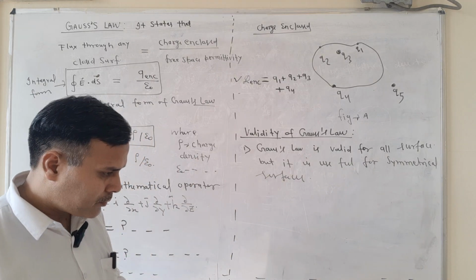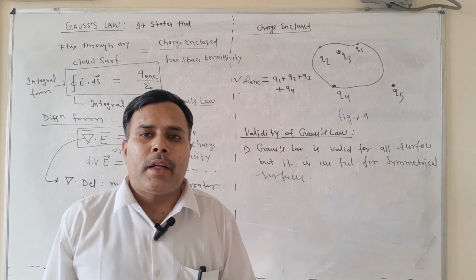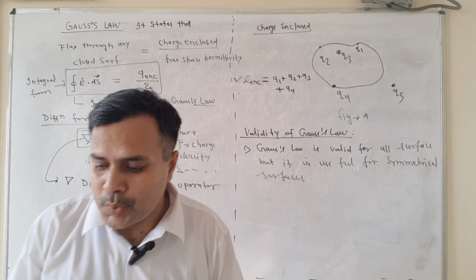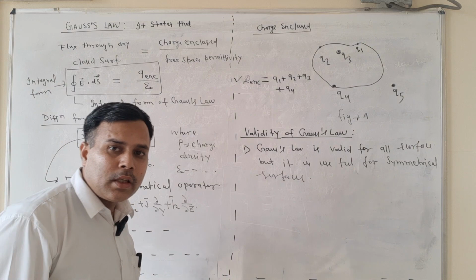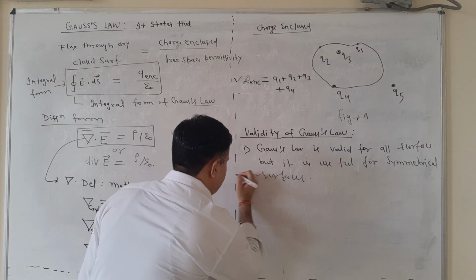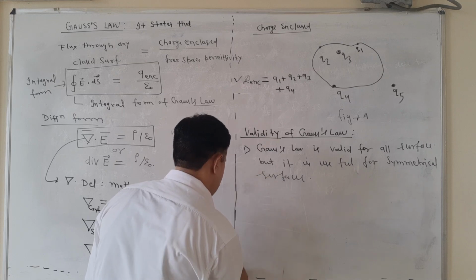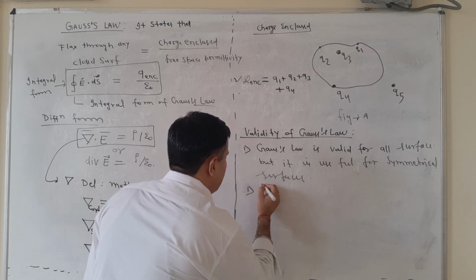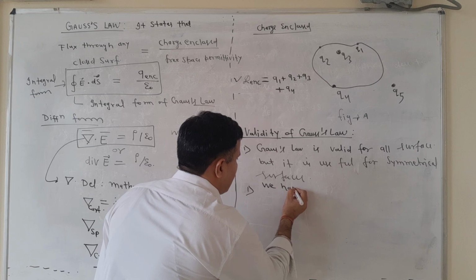So generally we have three different kinds of symmetry in nature, that is spherical symmetry, cylindrical symmetry and planar symmetry.